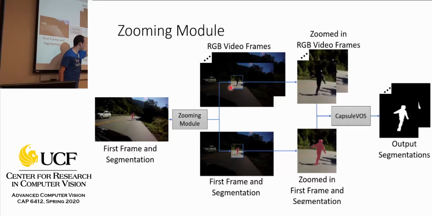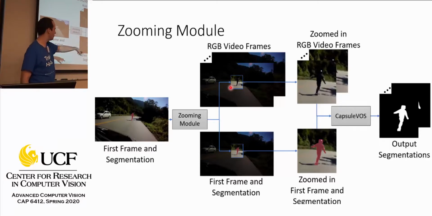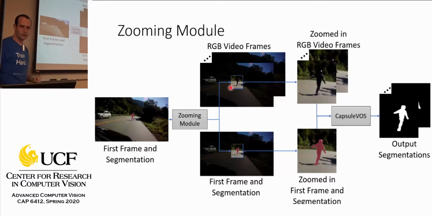As you can see, the input is now rather large, so the network can easily segment that object. Once we have that object segmented, we can resize it back and place it back in the original frame. This helps deal with this issue of small objects, which is rather prevalent in these datasets.